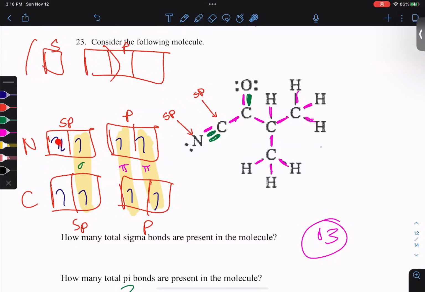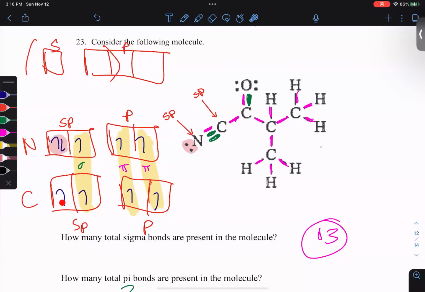What is that? Does this orbital interact to make a bond on nitrogen? No. What is that? That is the lone pair on nitrogen. Right there. So here, let me highlight that. There's the lone pair on nitrogen. And then the last electron we didn't account for is this electron right here on carbon.